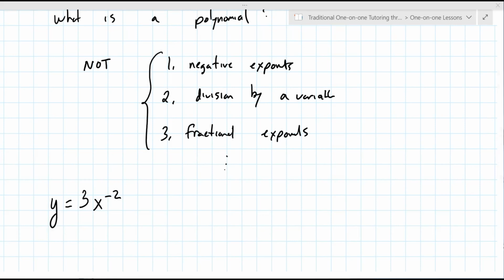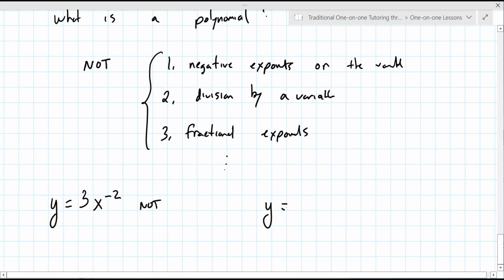Oh, it's negative exponents. Yes, okay, but it's really negative exponents on the variable. Because this is not, but the following is, let's say 5 to the minus 2 times x cubed. This is a polynomial. So you don't care if there's a negative exponent on a number, you only care if it's on the variable.